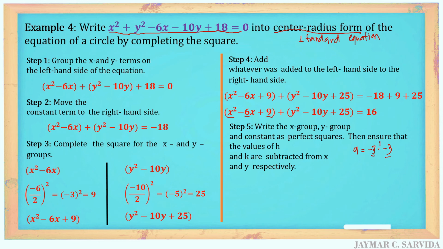At kapag inadd mo naman yan, negative 3 plus negative 3 is, yan naman ay magiging negative 6. Right? Okay. So therefore, the factors of the x group, okay, is a quantity of x minus 3 squared.